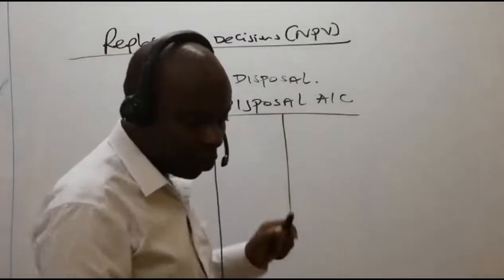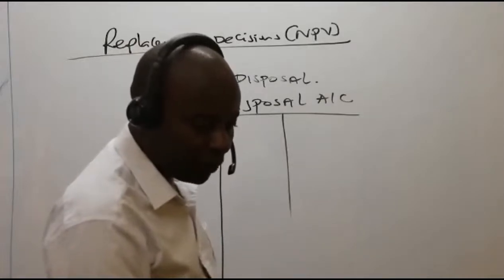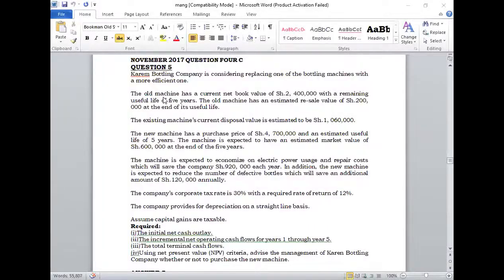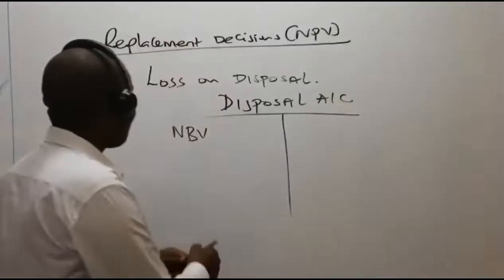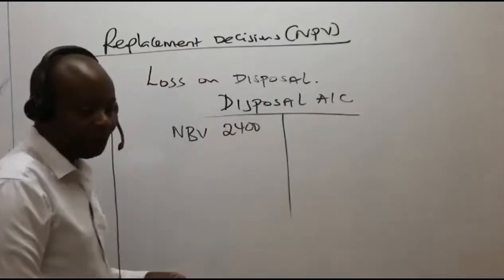Remember, disposal of the old machine. They have told us here the old machine has a current net book value of 2.4 million. So this is what I bring first here. I'd want to put my figures in thousands. So 2,400 like that.